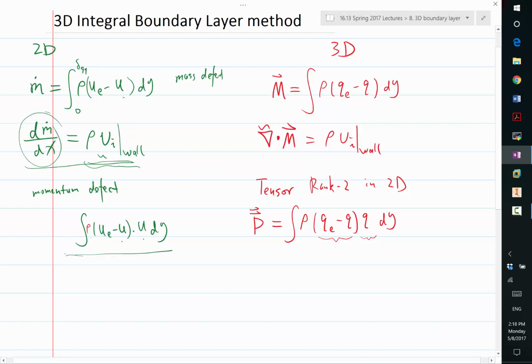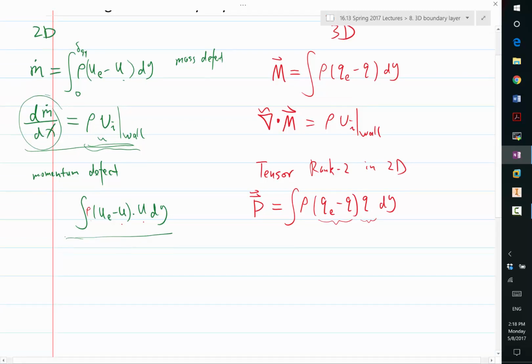So the resulting equation we got in the two-dimensional case is, so let's say this is P. We have this, again, it's an ODE, so dP dx. It turns out just to be our tau at the wall, right?